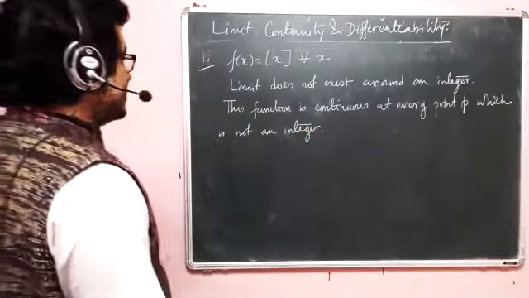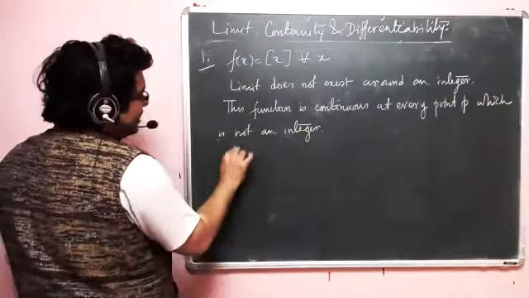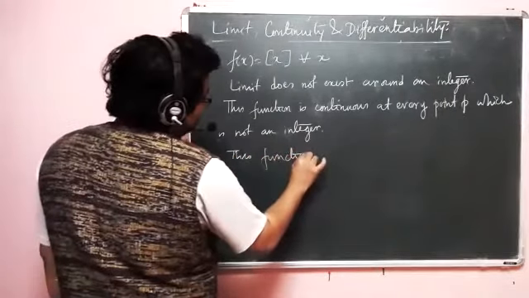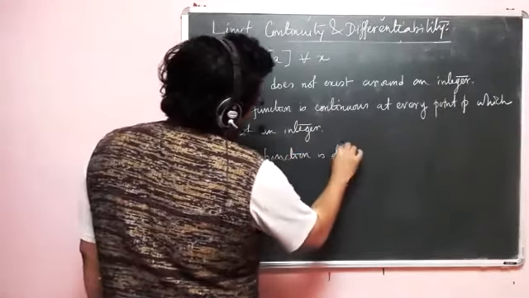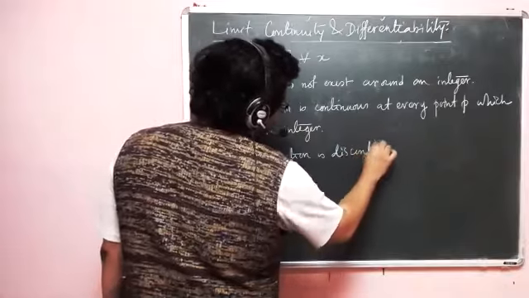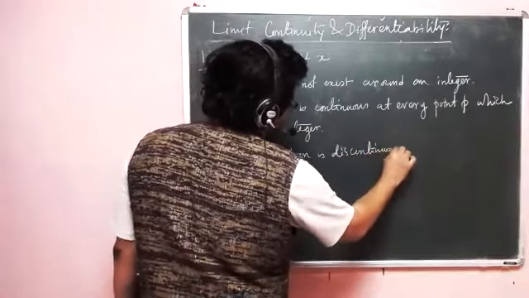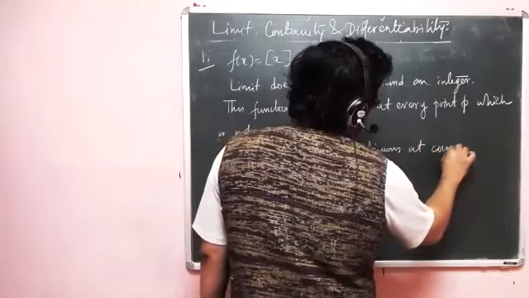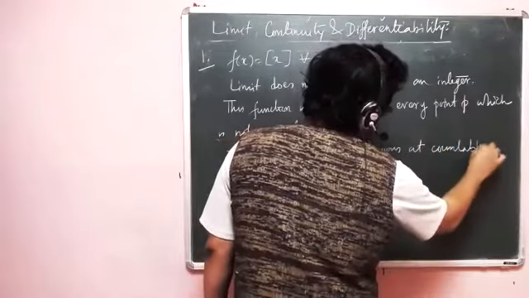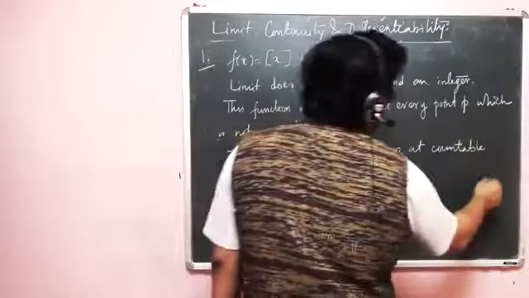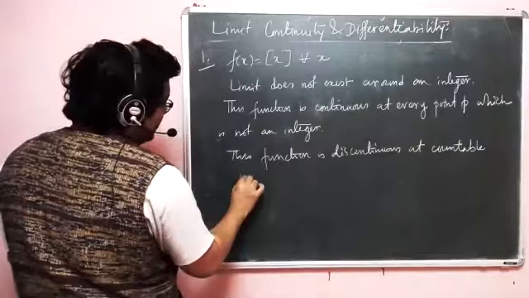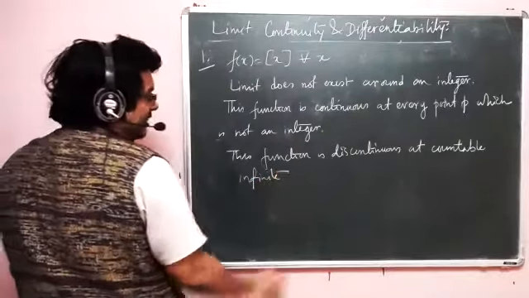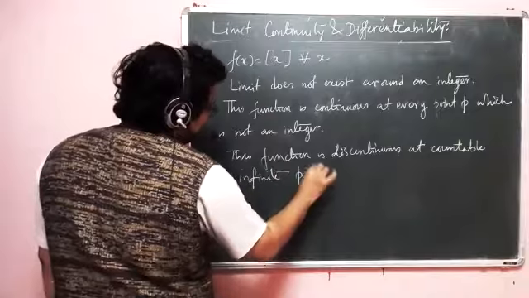There is another way of writing it. We can write in the negative sense also, that this function is discontinuous at countable infinite points, because that's what the set of integers is, countable infinite.